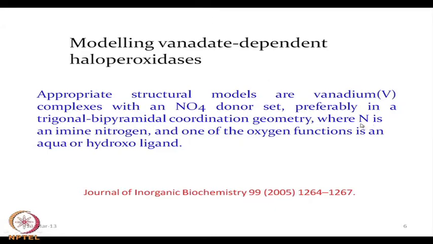So, in this case, we choose the ligand system in such a way that the single available nitrogen among these 5 donor atoms comes as an imine nitrogen function, because imine based ligand systems are known as Schiff bases, and we know that all Schiff bases we can very easily make from the reaction of an amine nitrogen with an aldehyde or ketone.